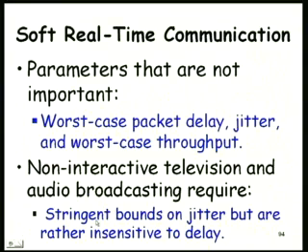Same thing we have just written down, that in a traditional television, we require stringent bounds on jitter, that is, different frames should not incur different amounts of delay, but the maximum delay is not a problem. As long as it is constant, it can be 1 second, it can be 5 seconds, does not matter. But the jitter, even if it is a few milliseconds, 50 milliseconds, you will immediately notice the picture getting disturbed.